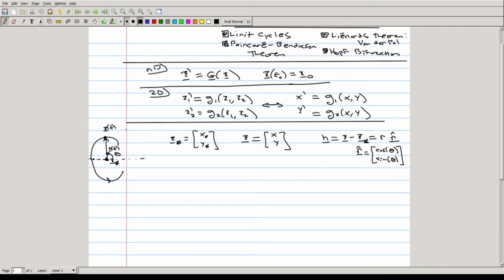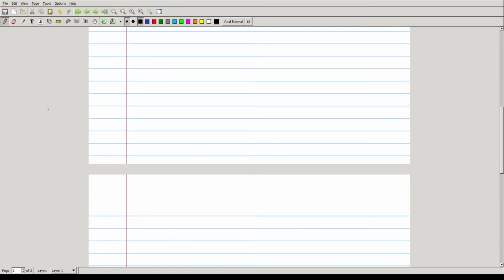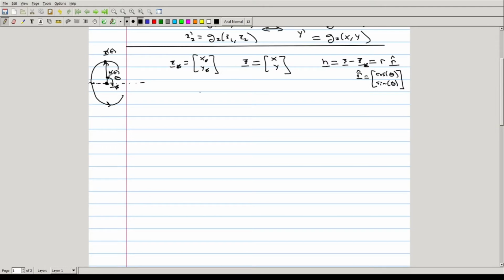And as the solution moves around the curve xi of t, theta and r are both functions of t. They're changing as a function of time, or whatever the independent variable is.